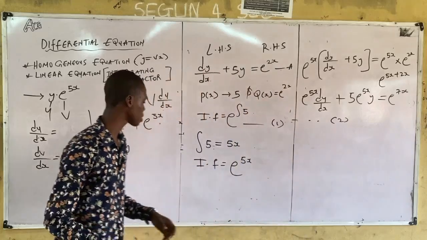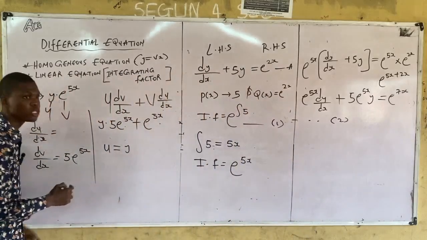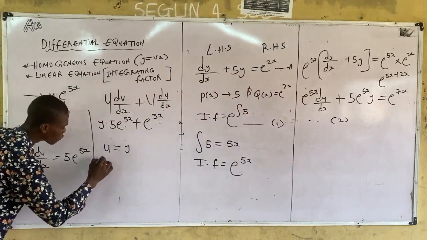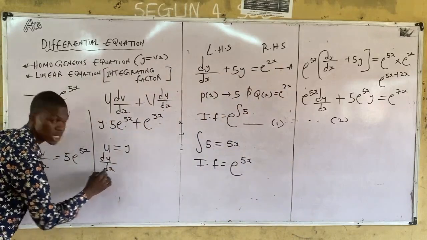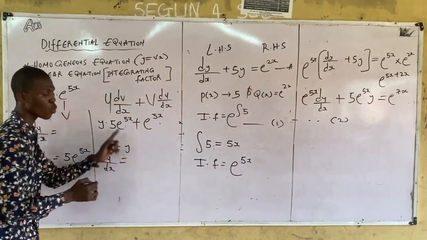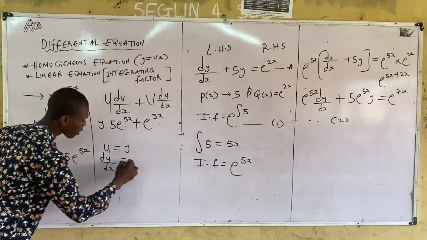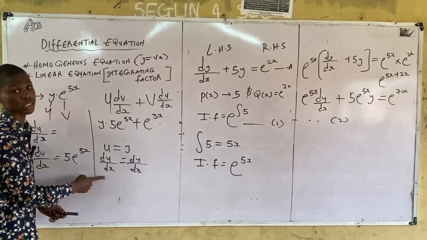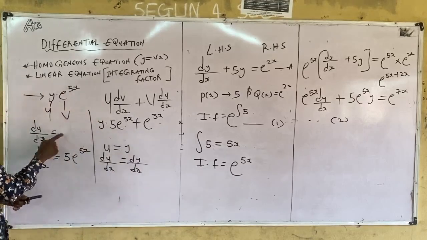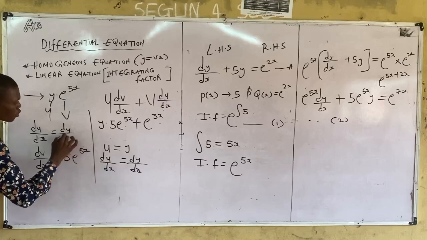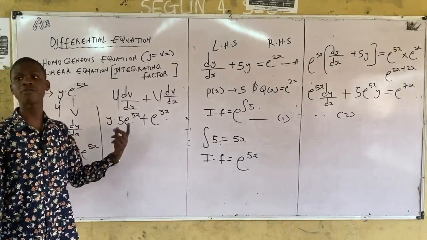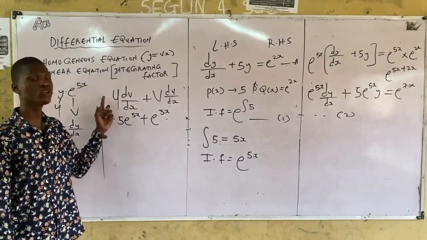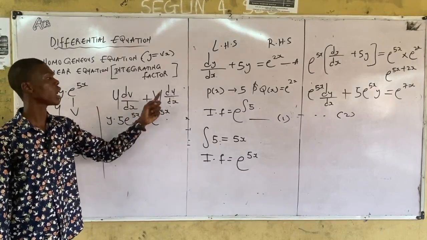Then by doing that, we have du over dx equals y differentiated with respect to x, which is dy over dx. So we are saying that du over dx is equal to dy over dx.